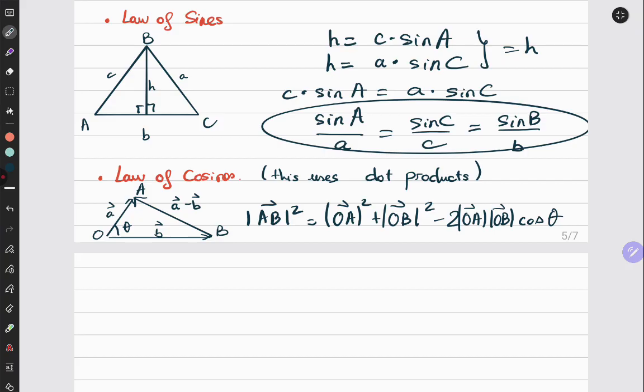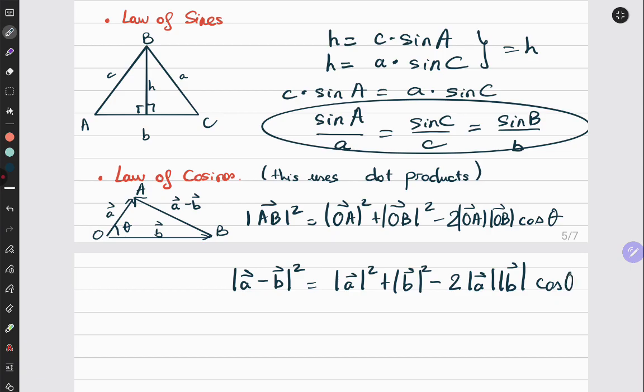Instead of writing them as A, B, and OA, OB, I'm going to write them in terms of vector A, B, and AB right there. So AB turns out to be vector A minus vector B, squared. OA is just A square. OB is B square. Minus 2 times A, B, and cosine of theta.